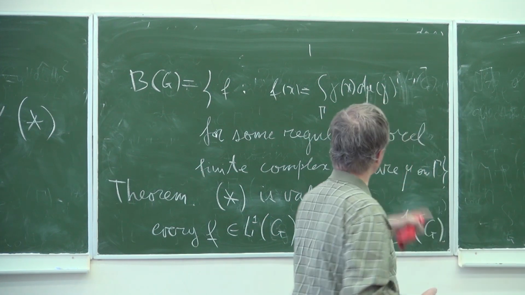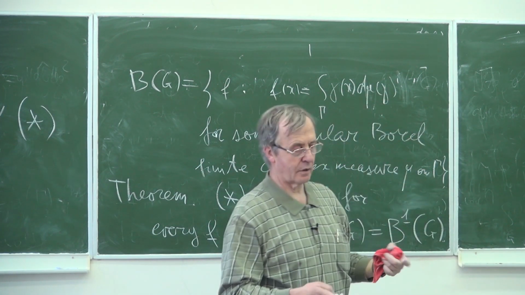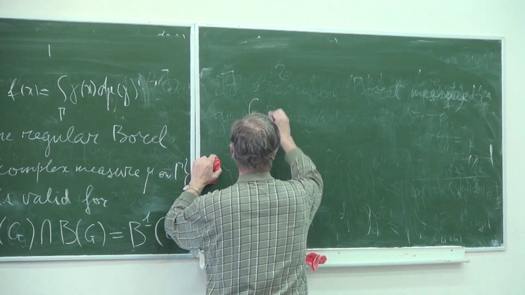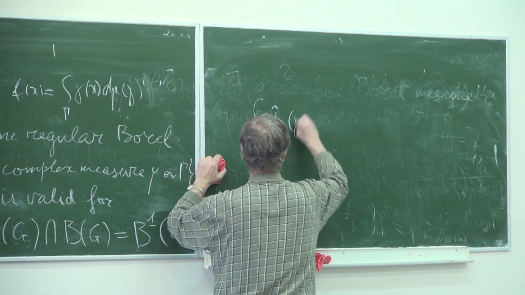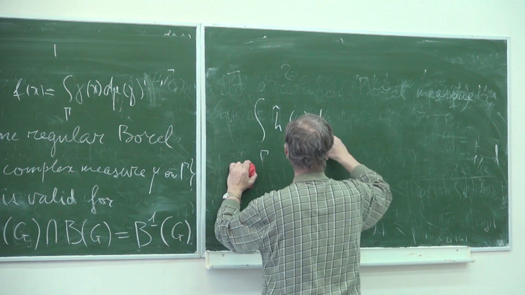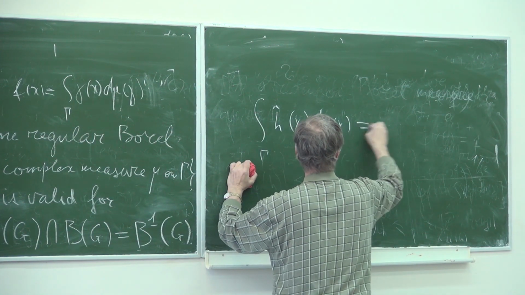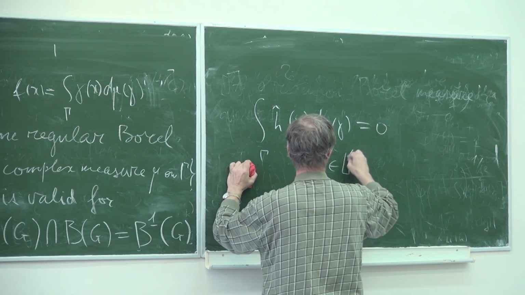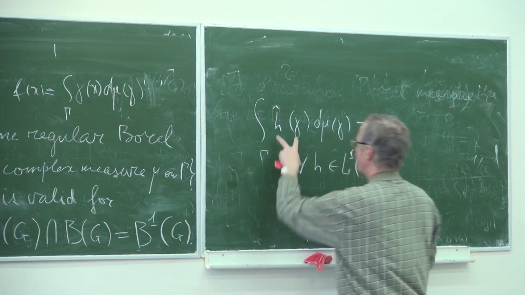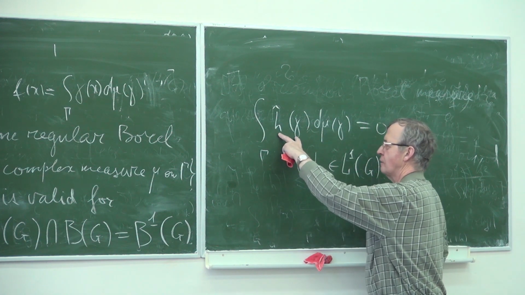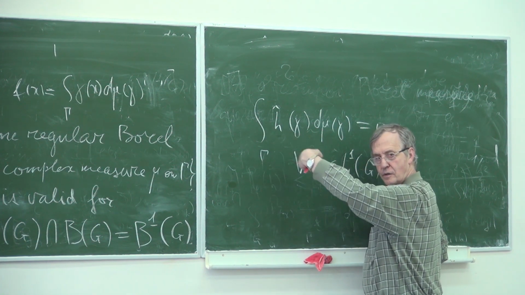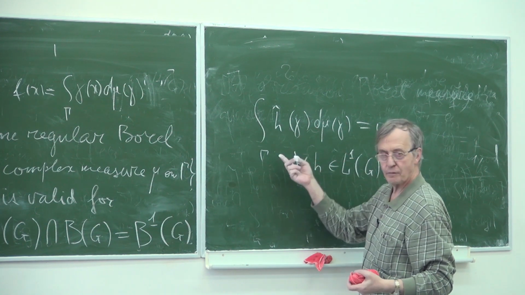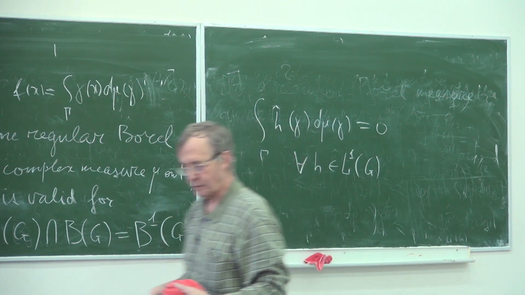Suppose this is identically 0; then it follows that this is 0 for every h in L1 of G. And these functions form a dense subset in C0 of gamma, so it follows that mu is equal to 0.